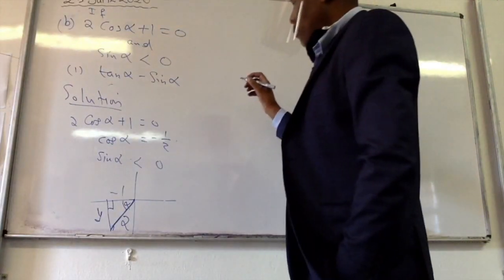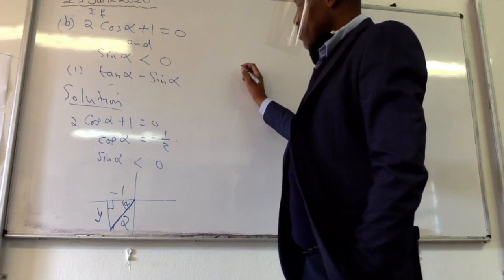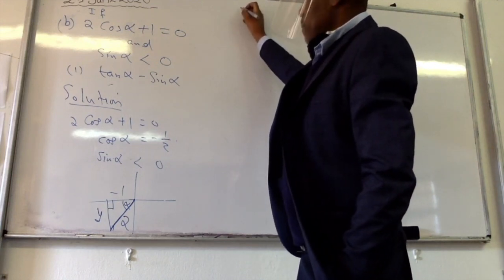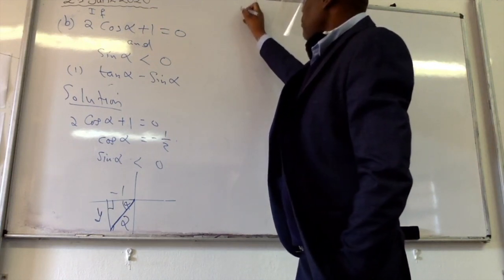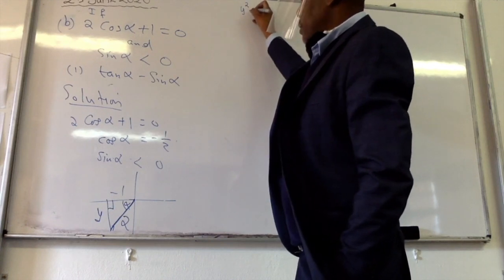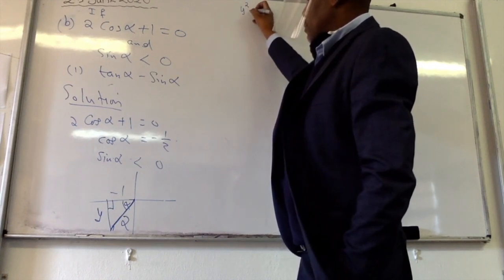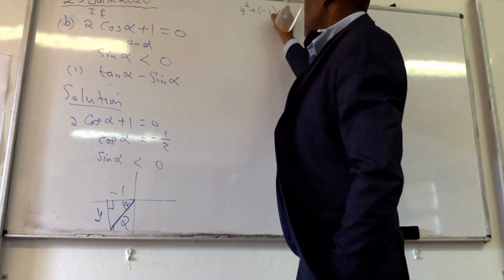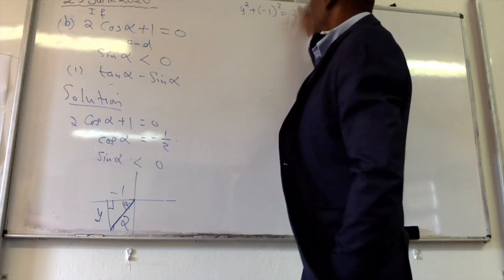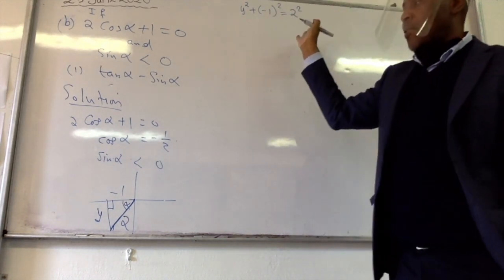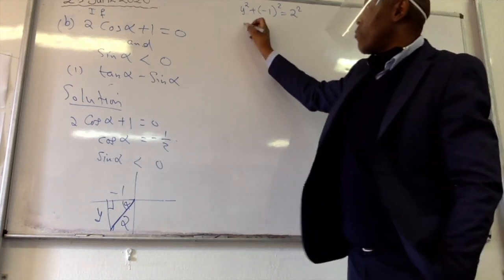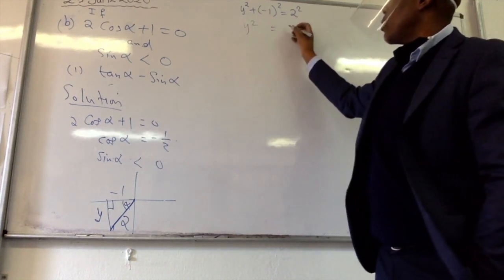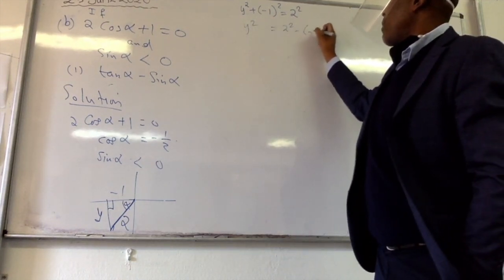So you can now form your equation. Y squared equals r squared minus x squared. Let me just start here so that you're together. Otherwise, this is Pythagoras theorem, so you can start exactly from y squared. Just y squared is equal to your 2 squared subtract minus 1 squared.